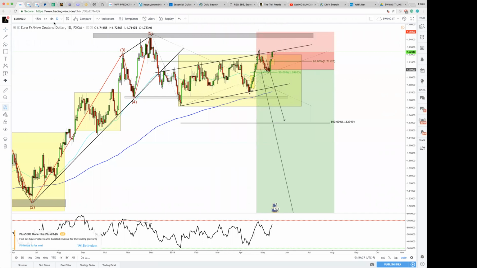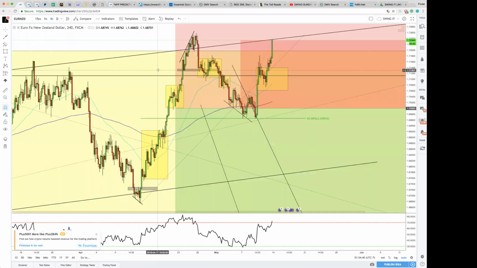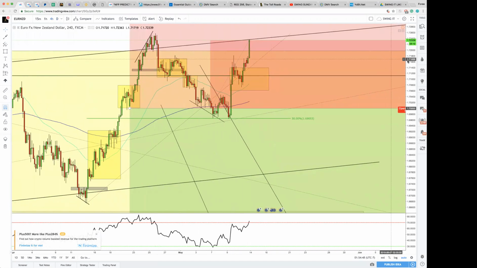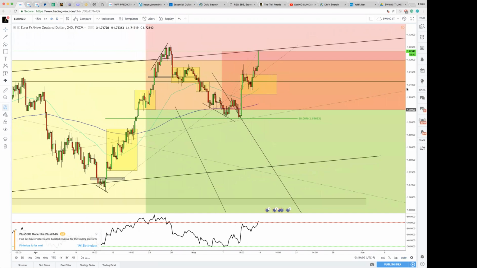But right now, yeah, it's M level 1, level 2, a small structure is kind of messing up the whole bigger pattern. But as you can see, there's a level 1 consolidation was here, a small one. So we should see a smaller consolidation and probably an M and a reversal.